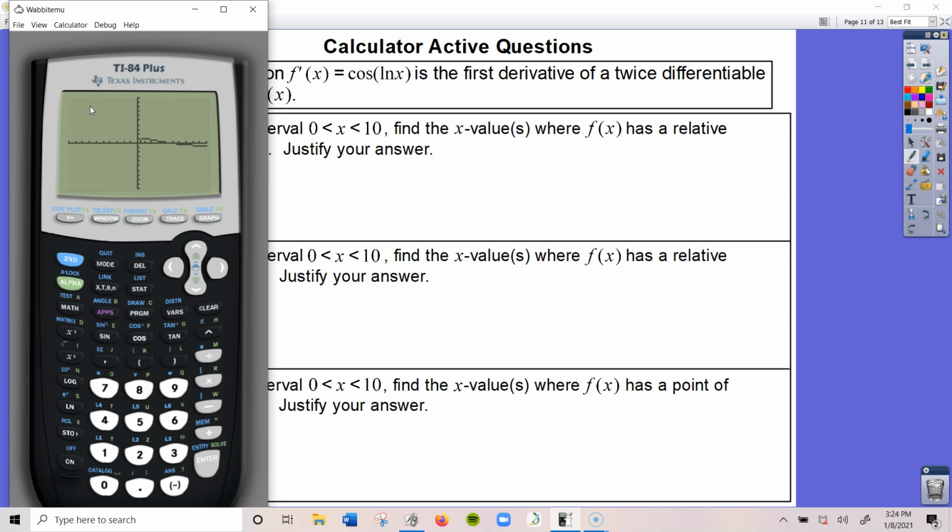I'm going to change my window here from 0 to 10, and I'm going to make my y values a little bit smaller since we saw that it was a pretty flat graph. So I'm going to reduce it to, let's say, -3 to 5. I just picked random numbers. Okay.